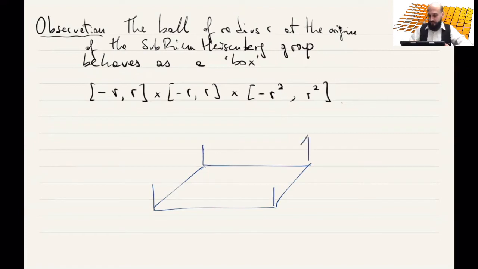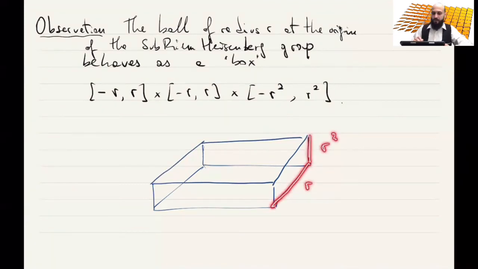In the third coordinate, this length is r squared, which for us, less than 1, is less than r. So I'm claiming that this is the ball. They behave like this, up to inclusion and up to a multiplicative factor. Let's prove it, and then we see what I mean by they behave as such.